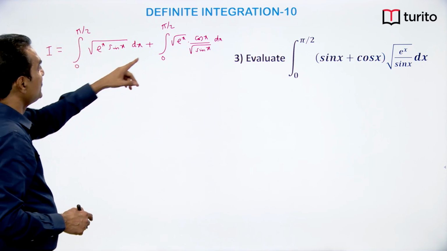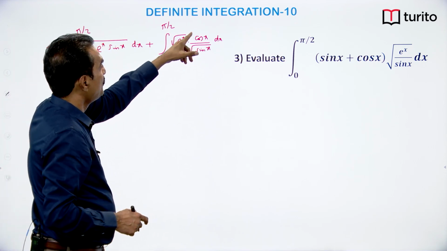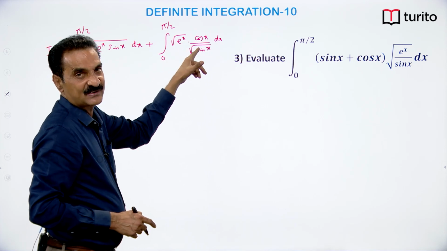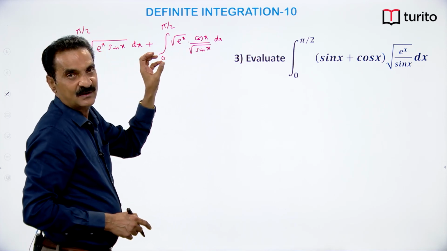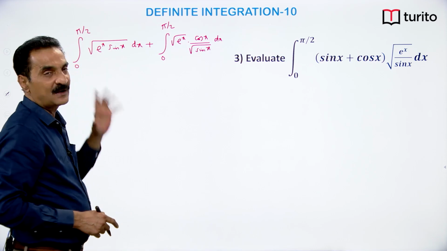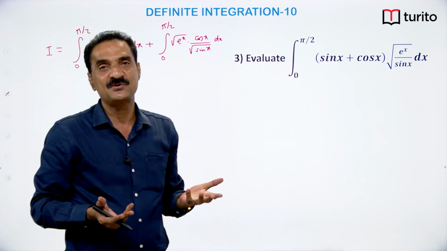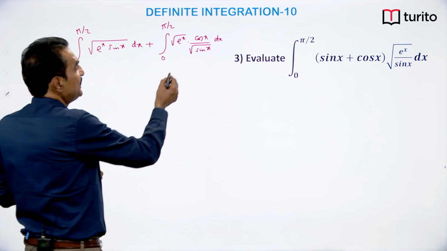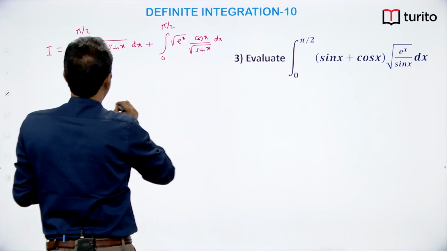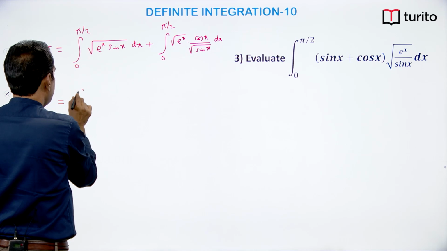So, let us calculate this part, because we know the integral of cos x by root sin x, so we can integrate by parts. It is a product of two dissimilar functions, exponential and trigonometric. So, we have to apply integration by parts only. So, I am taking the second integral, writing the first integral as it is.